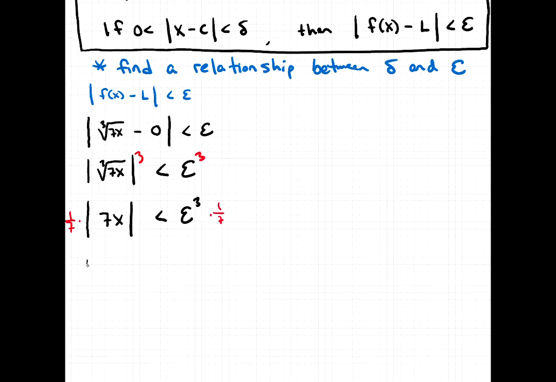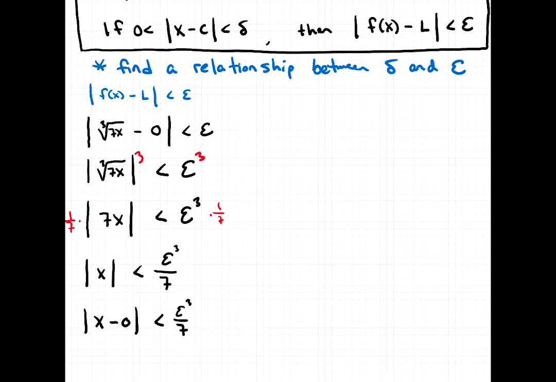So then we'll have the absolute value of x is less than epsilon cubed over 7. This is pretty much it. We can rewrite this as x minus 0, to put it in the exact form of x minus c is less than epsilon cubed over 7. And now we are done with this portion.